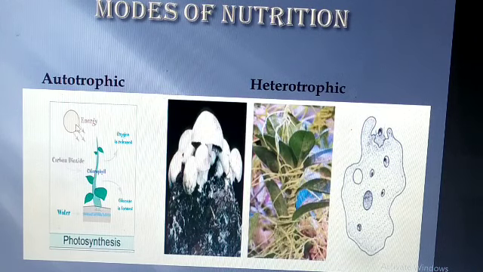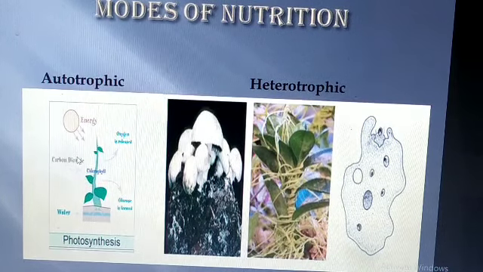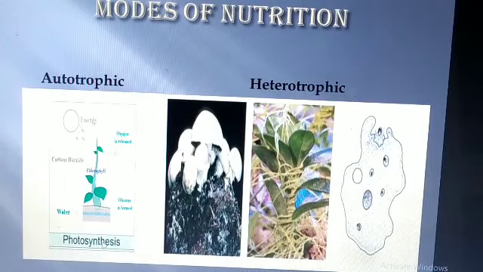This energy helps them to convert carbon dioxide, which is in the air, and water and minerals, which are from the soil, into glucose in the form of food, right? Food in the form of glucose. After that, oxygen is released. The whole process is actually called photosynthesis. This mode of nutrition is called autotrophic nutrition.